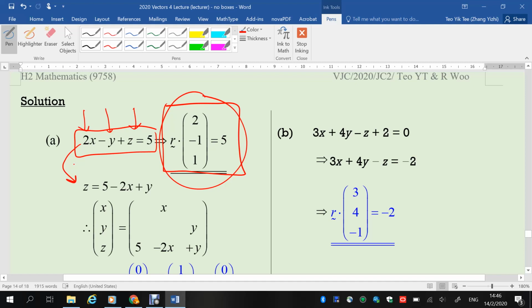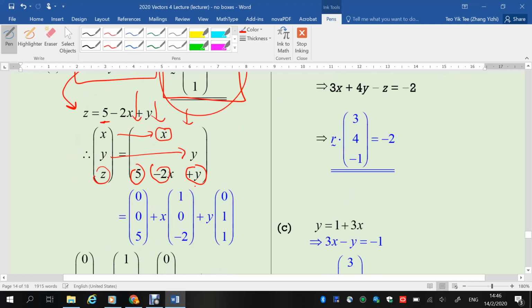So the next thing that I need you to do is to write things in a column form. Okay, so what you actually see here is x is just x, y is just y, z is 5 minus 2x plus y. Okay, so when you write things in a so-called column form, I can then just change it into this.